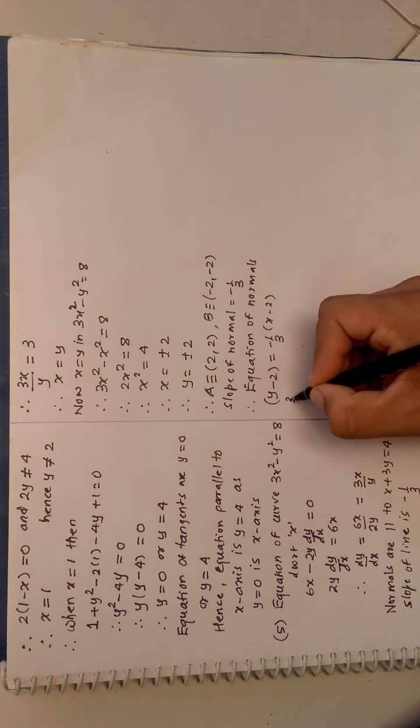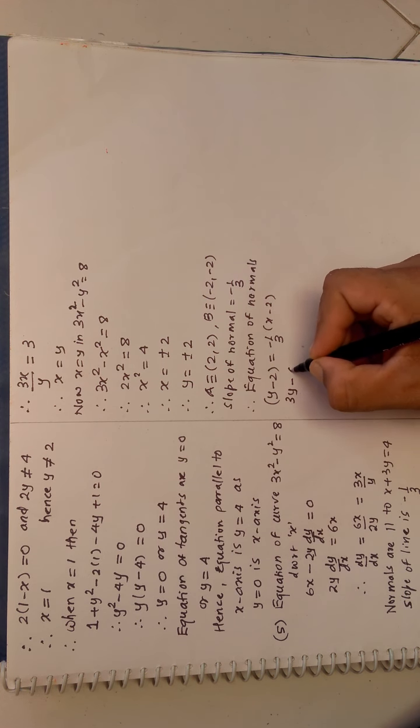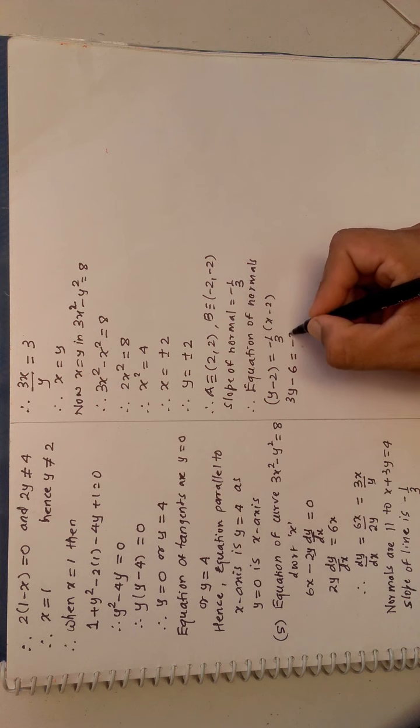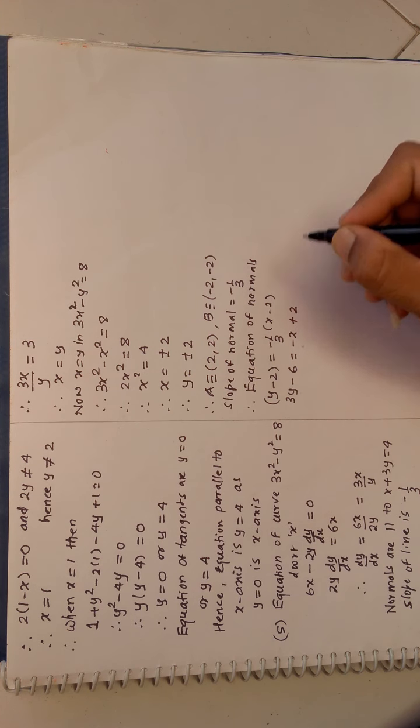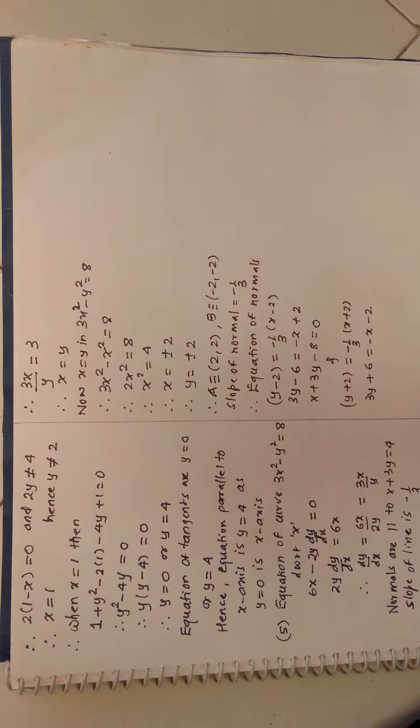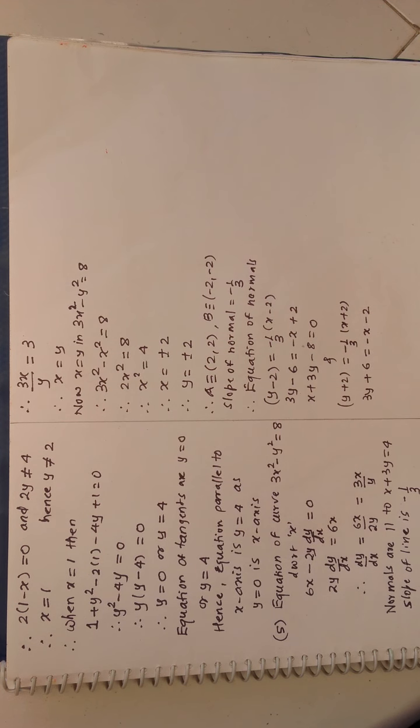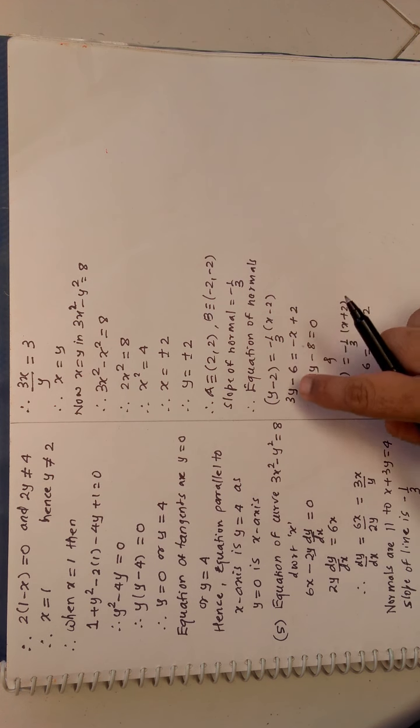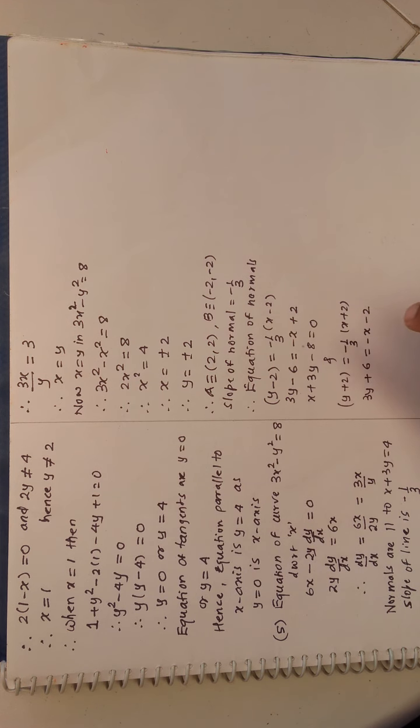So you get this as 3y minus 6 is equal to minus x plus 2. Continuing, I multiplied this, you can see here it is 3y minus 6 is equal to minus x plus 2, which becomes x plus 3y minus 8 is equal to 0.